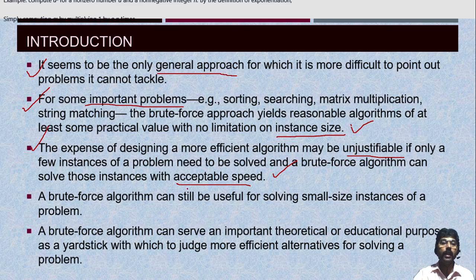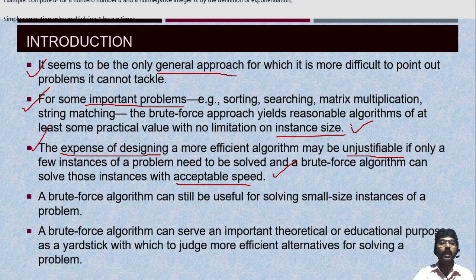Okay, the meaning here is, if you are having a small number of input values and you are applying a very expensive design, means you are applying some other techniques which will take some more complex applications, you are getting difficulty in solving that problem.